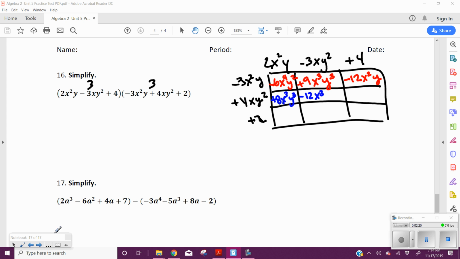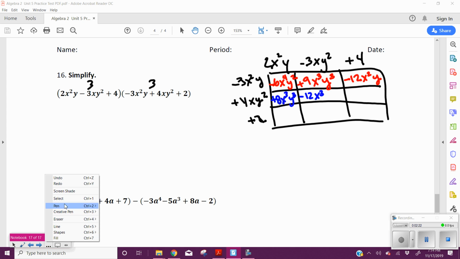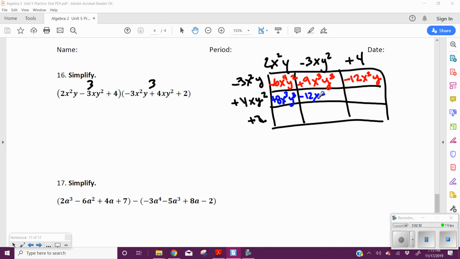Sorry, I was looking at the wrong one. Alright. X times x is x squared. Y squared times y squared is y to the fourth. 4 times 4 is 16. And again, transfer over the x and the y because they don't have a match.